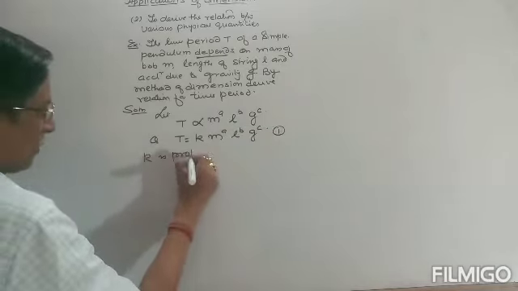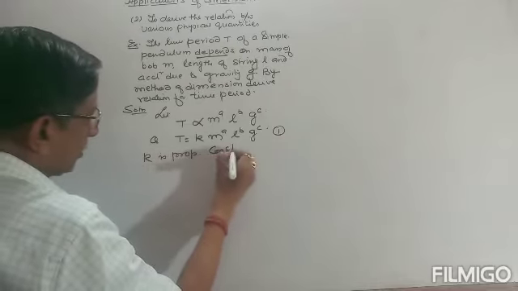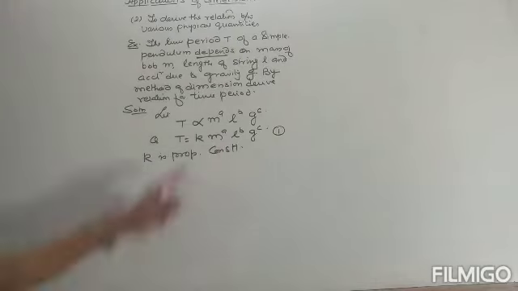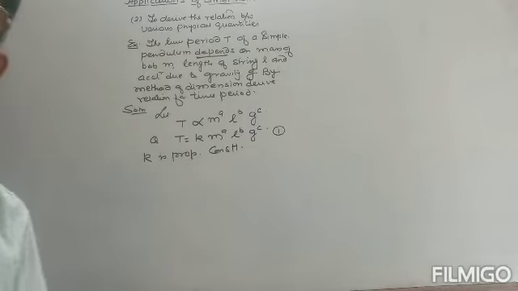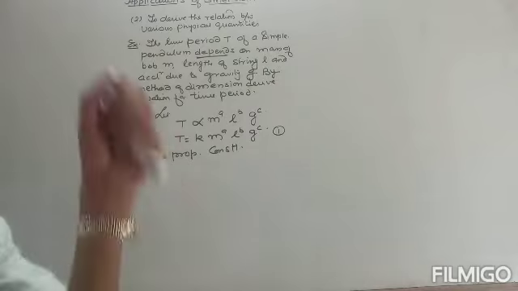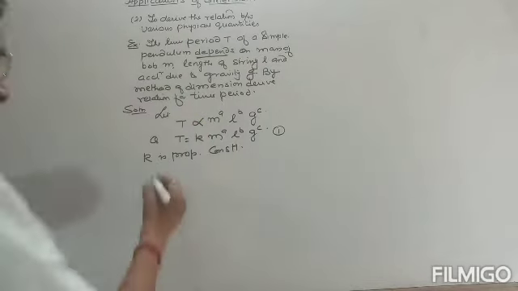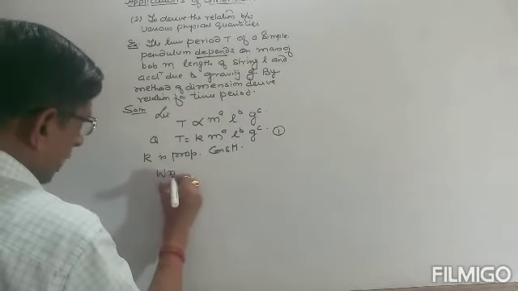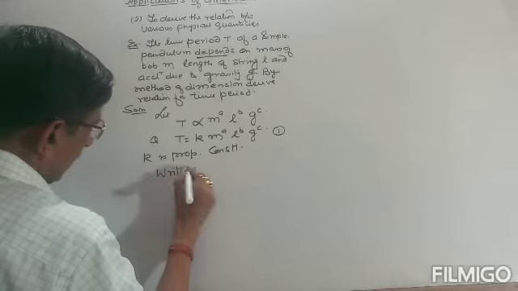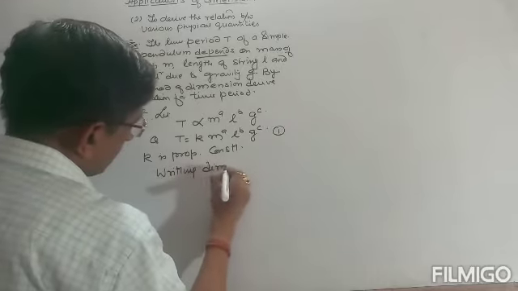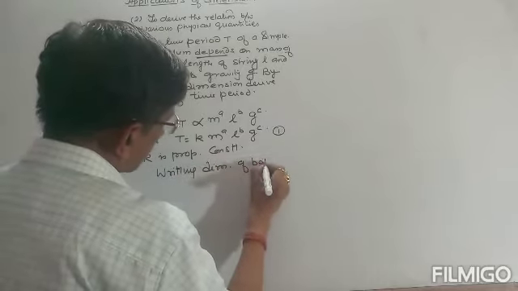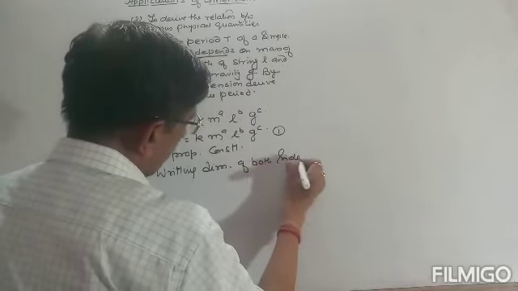K is proportionality constant. Dear students, K is proportionality constant, and remember that proportionality constant has no dimension. Next step, writing dimension of both sides.